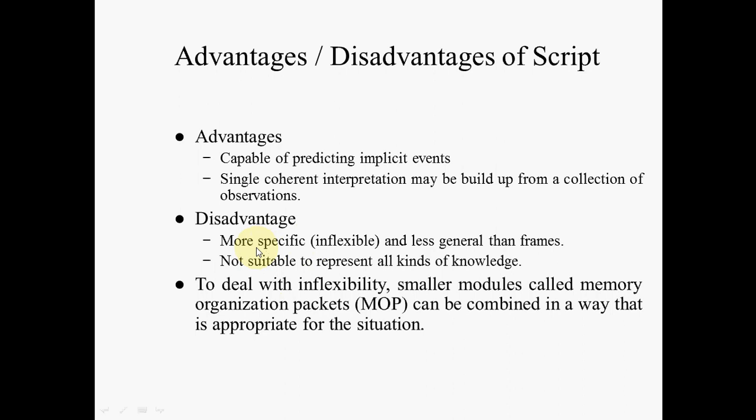There is a coffee shop, an ice cream shop, a pizza shop, and so on. In such cases, you will have to write one dedicated script for each type of shop. How many scripts are you going to write? So the first disadvantage is that scripts are more specific, inflexible, and less general than frames.